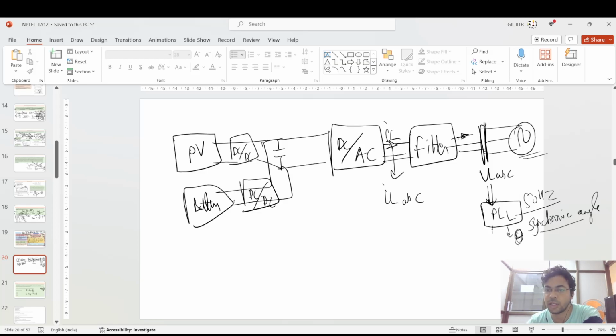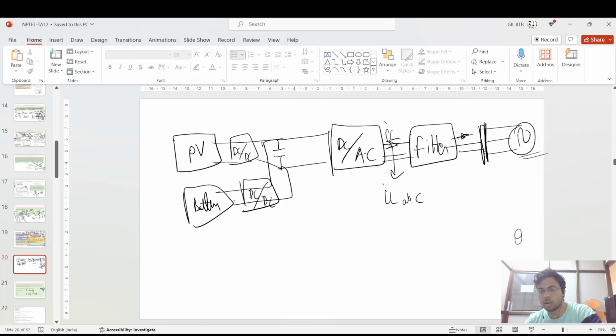So for that you need a certain reference frame. So this theta is taken. After that, UABC is converted into the UD and UQ frame, sorry, this is not correct. Let me remove this.